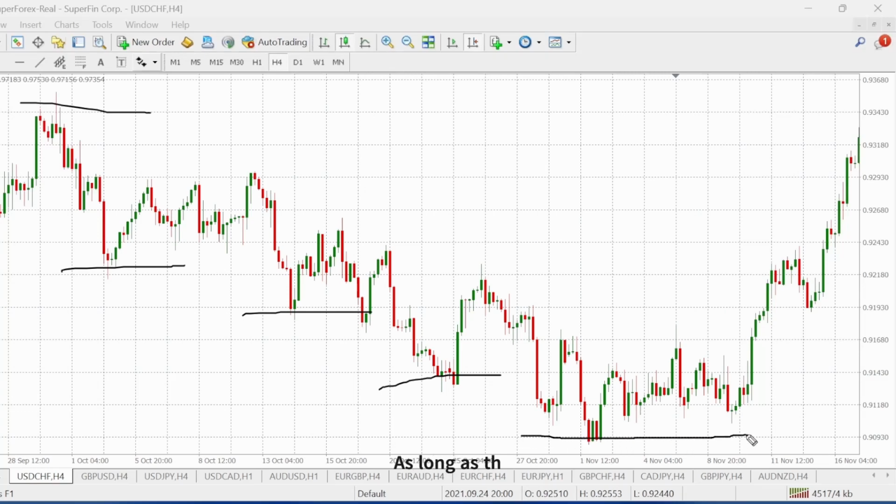As long as the market stays below the previous high, the previous highest low, it's considered a trend continuation. We can see here the market closed above the previous pullback. Now it's no longer considered a trend continuation.